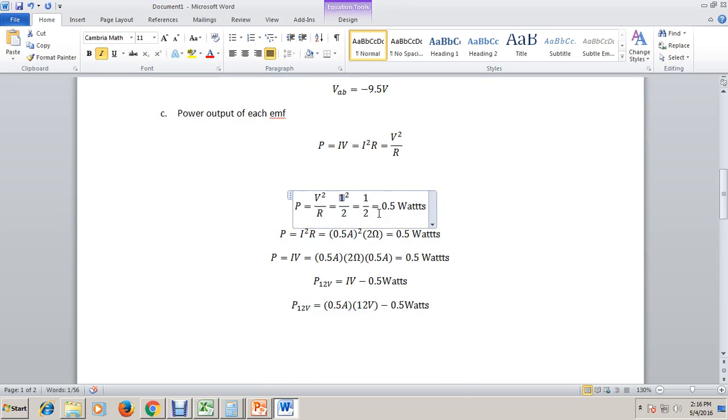So this becomes 2 over 4 as the resistance in ohms. So this becomes 4 over 4.